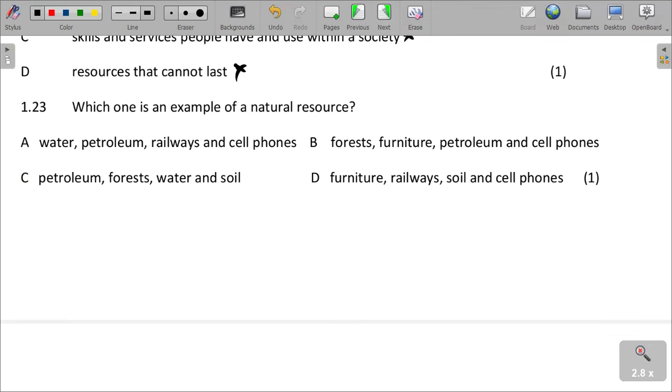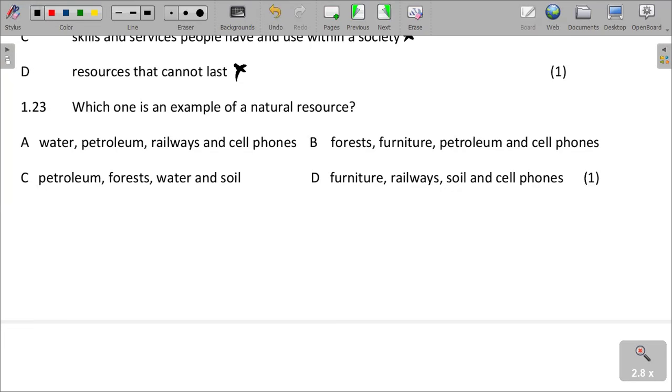Which one is an example of a natural resource? Number 23. Water, petroleum, railways, and cell phones. We cannot talk about railways or cell phones as natural resources. Forest, furniture, petroleum, and cell phones.